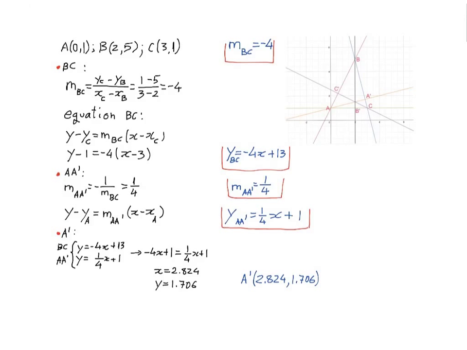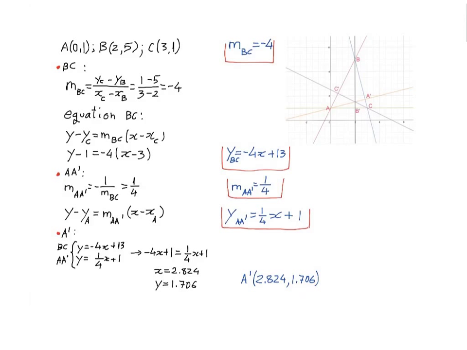Solving this, we get x equals 2.824. We substitute this into one of the two equations and we get y equal to 1.706. Therefore, the coordinates for A prime are x 2.824 and y 1.706.